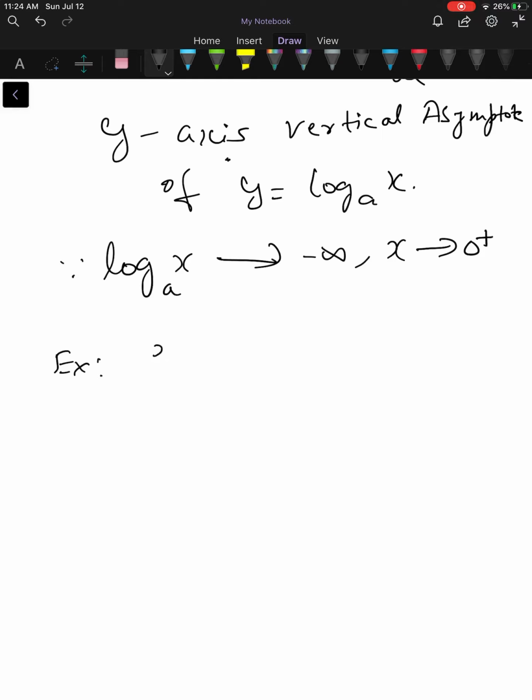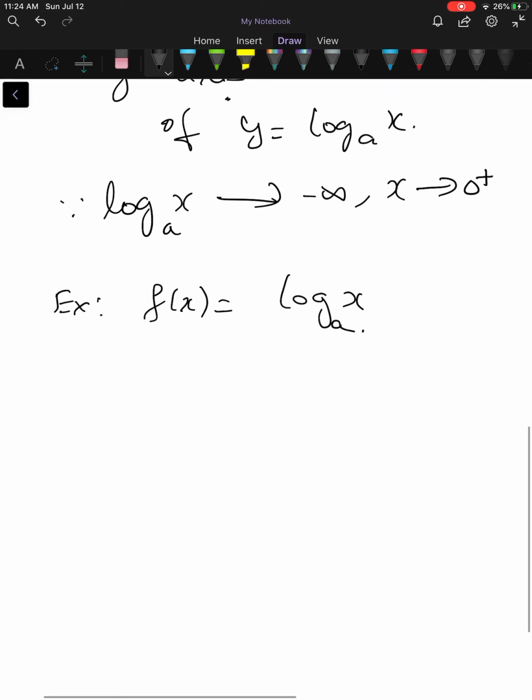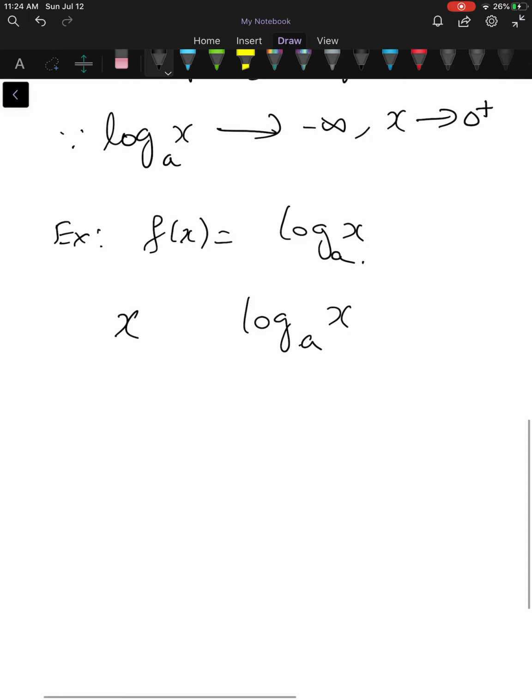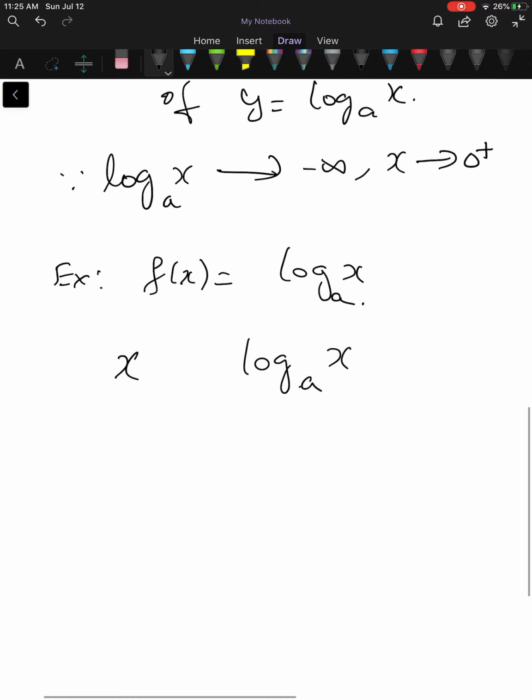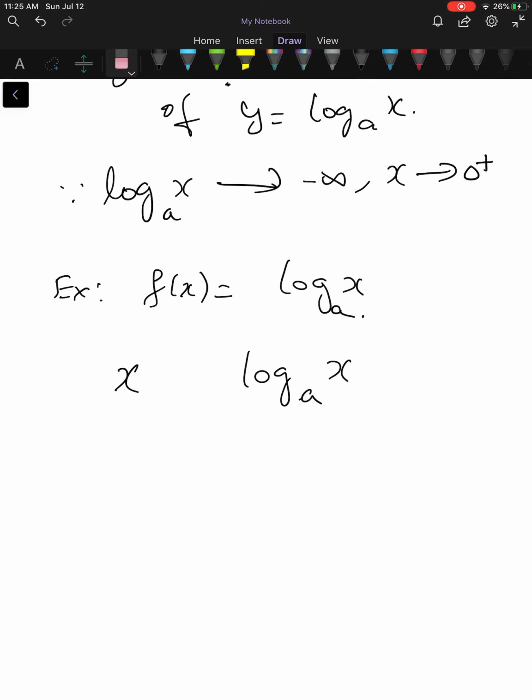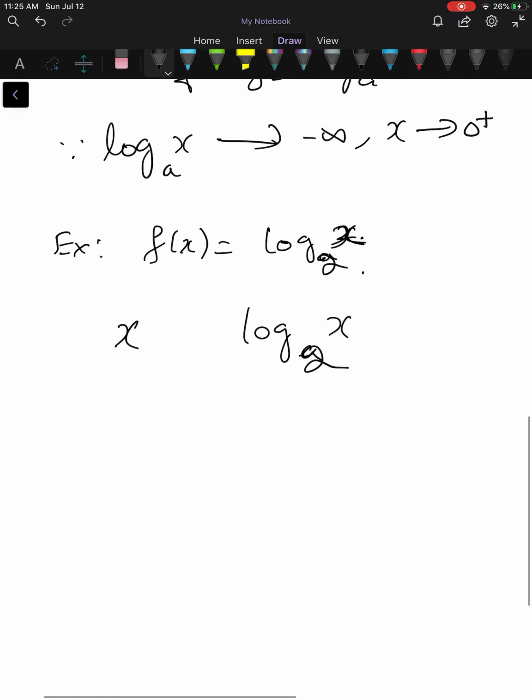If we consider the function f of x is equal to log x to base a, we take arbitrary x values and calculate their logs, but here we take the x values as powers of 2. I will take a specific function here, log x to base 2.